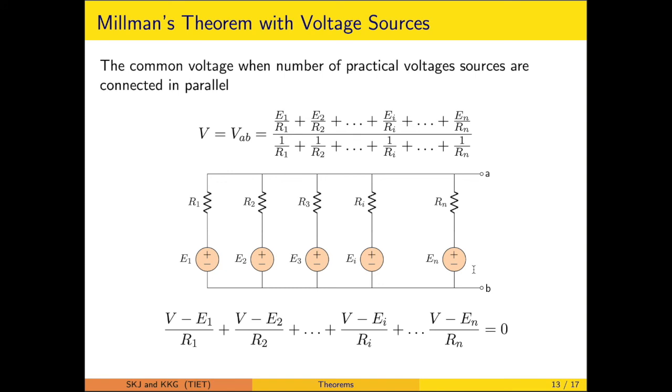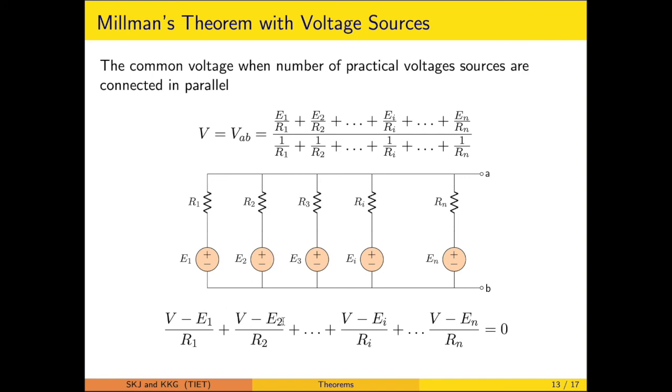Likewise, when you are writing the nodal equation here, the voltage of this point, or you can say terminal A, with respect to the reference is marked V. Correspondingly we will be writing the outward current through the first as V minus E1 upon R1, the outward current to the second one as V minus E2 upon R2.